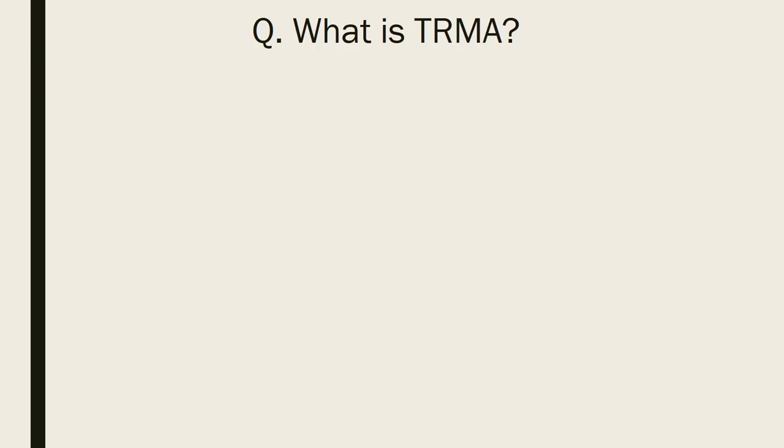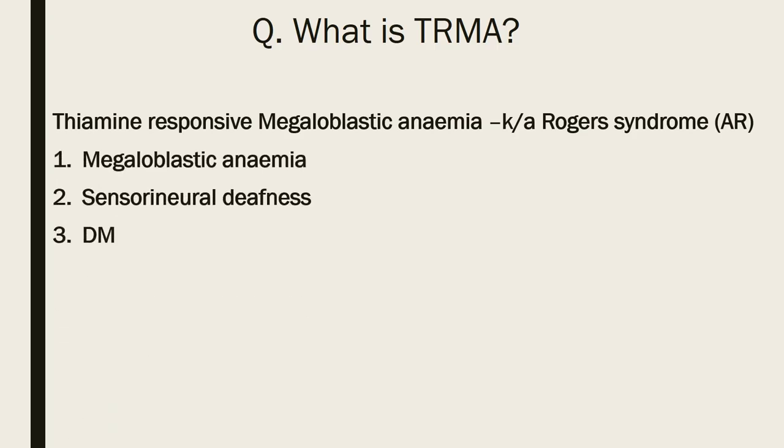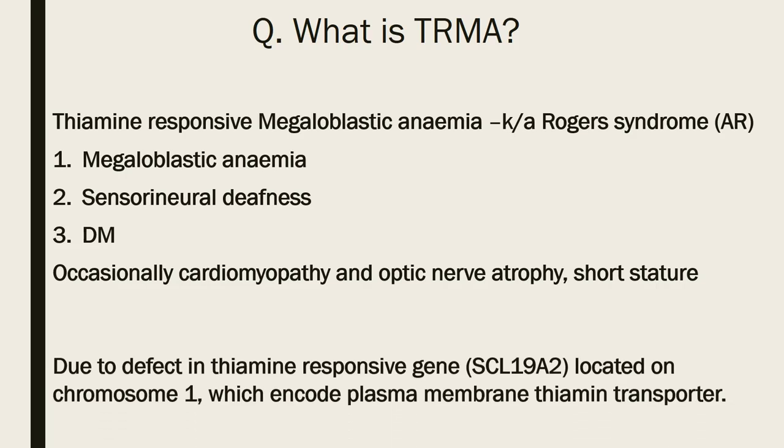Now, what is TRMA? It is thiamine responsive megaloblastic anemia, also known as Rogers syndrome. It is autosomal recessive. In this triad of megaloblastic anemia with the sensorineural deafness with diabetes mellitus is present, and occasionally cardiomyopathy, optic nerve atrophy, and short stature could be there.